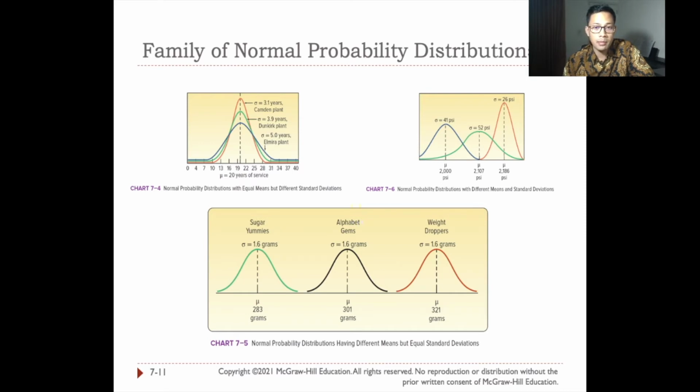For example, the probability distribution with the green line has the middle mean. However, it has the largest variance. The one with the orange line has the highest mean, but at the same time, it has the smallest variance. And so these are the families of normal probability distribution, which is dependent on the mean as well as the variance.